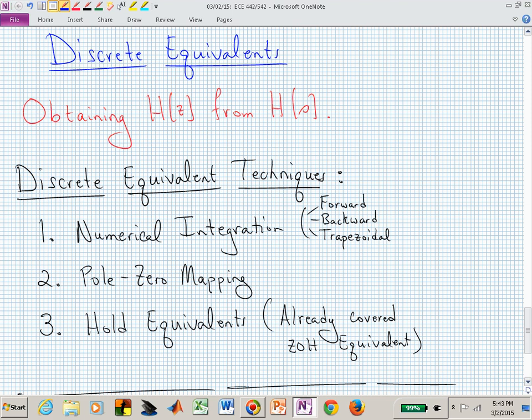We've already covered discrete equivalent technique number 3. What's remaining is to examine technique number 1 and technique number 2. Today we will probably, I hope, cover forward, backward, and trapezoidal or bilinear numerical integration techniques.